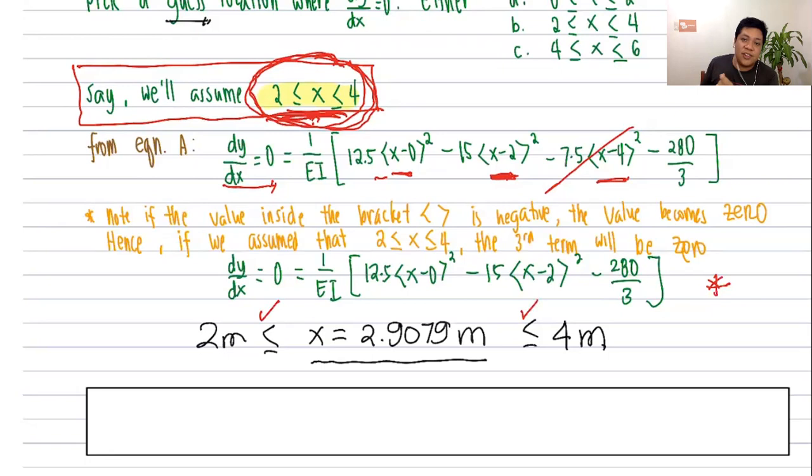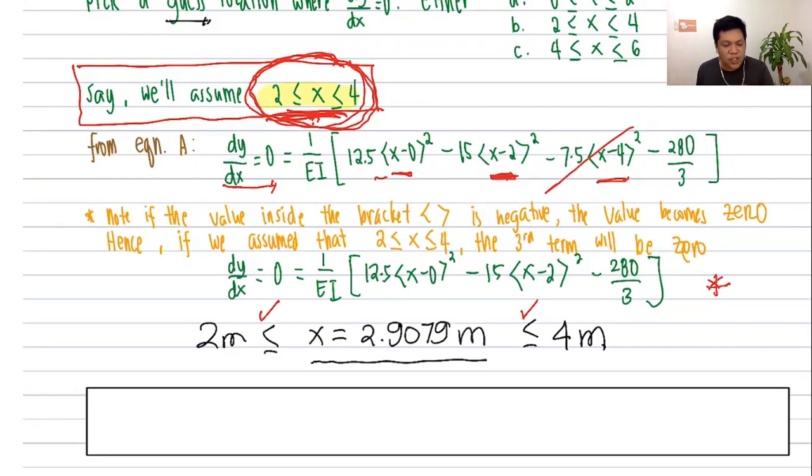Since our answer is within our initial guess, our assumption is correct that maximum deflection indeed occurs between 2 meters and 4 meters.